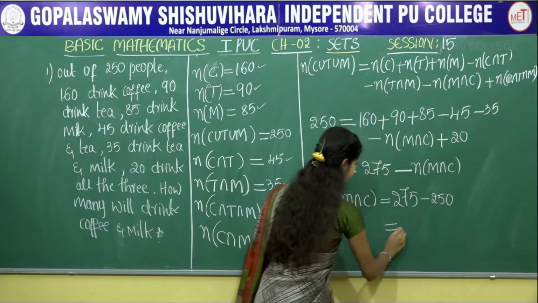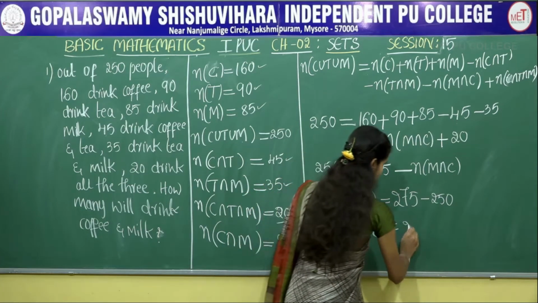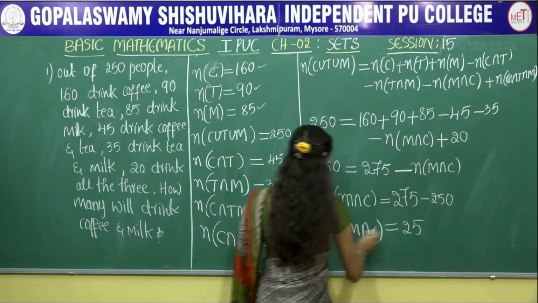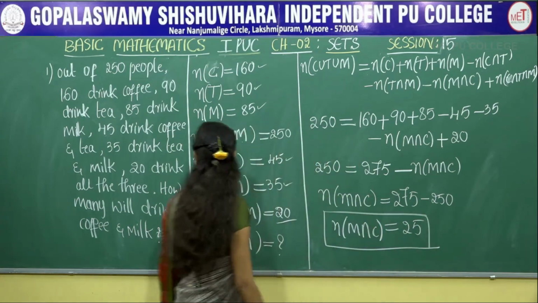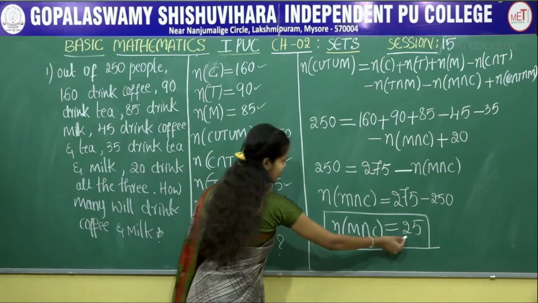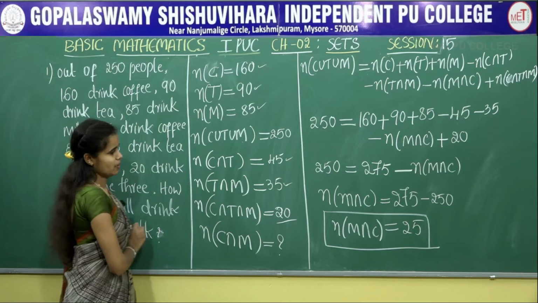So 275 minus 250, M intersection C is equal to 25. Therefore 25 people drink both coffee and milk.